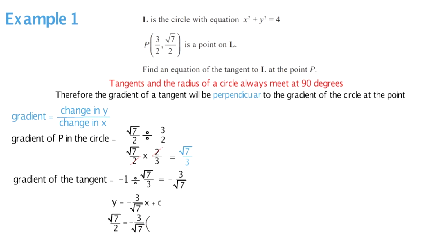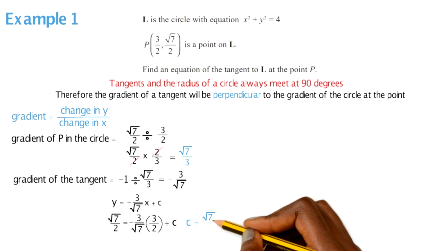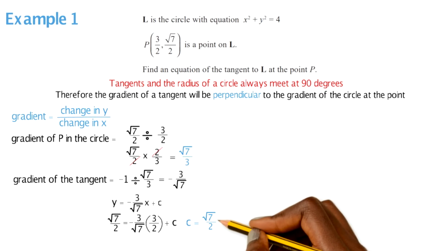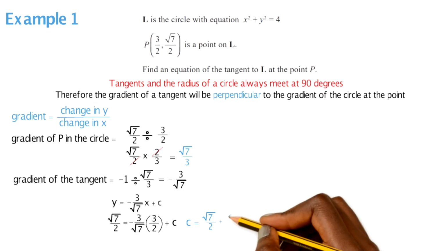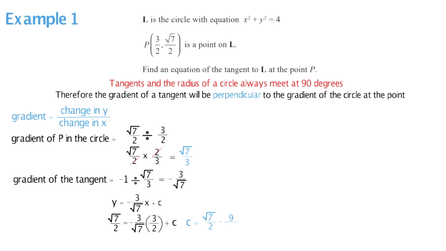So we'd end up with √7/2 is equal to 3/√7 multiplied by 3/2 and then plus c. By rearranging all of this, you would end up with c being equal to √7/2 plus 9/2√7.